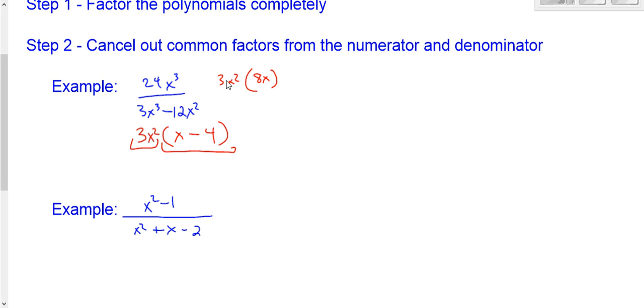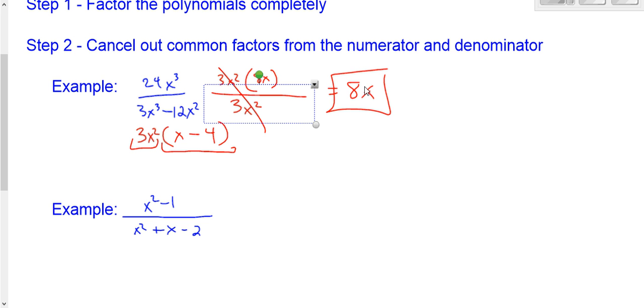So for the numerator, we have 3x squared times 8x. We were able to factor out a 3x squared between both numerator and denominator. Those will cancel out, and this is left with 8x for our answer once we simplify.